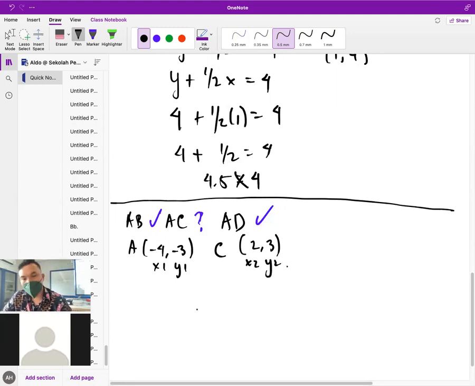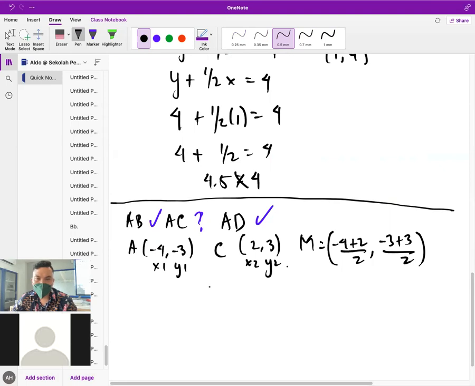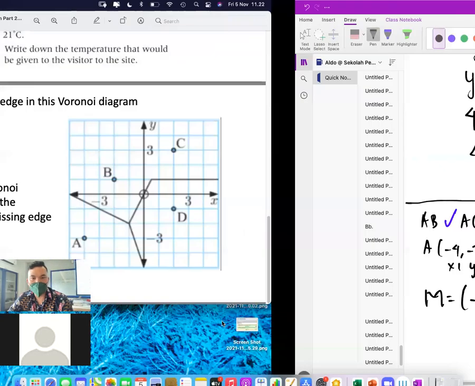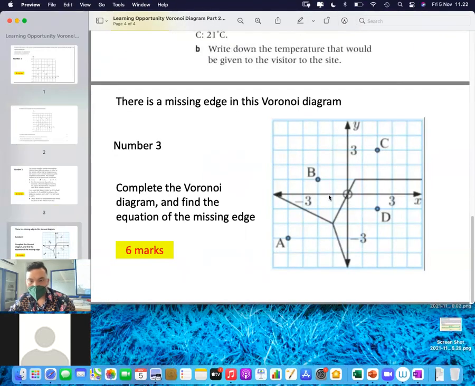So the midpoint is ((-4 + 2)/2, (-3 + 3)/2), which is (-1, 0). That's the midpoint.